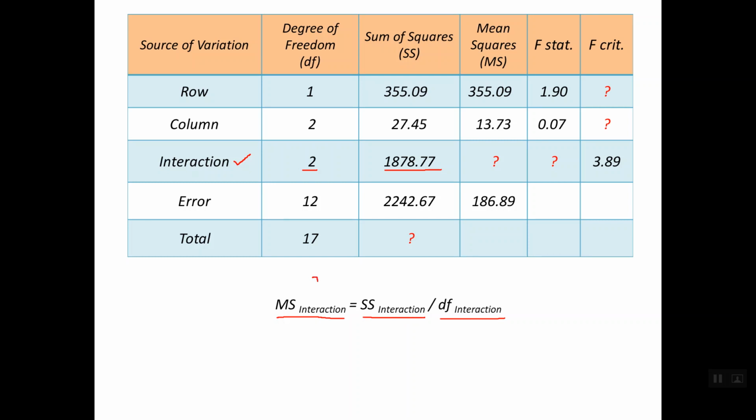The mean square is missing, the SS is known, and the df is already known. So this is the SS for the interaction, and this is the degree of freedom for the interaction. So the final value of the mean square for the interaction is equal to 939.39.